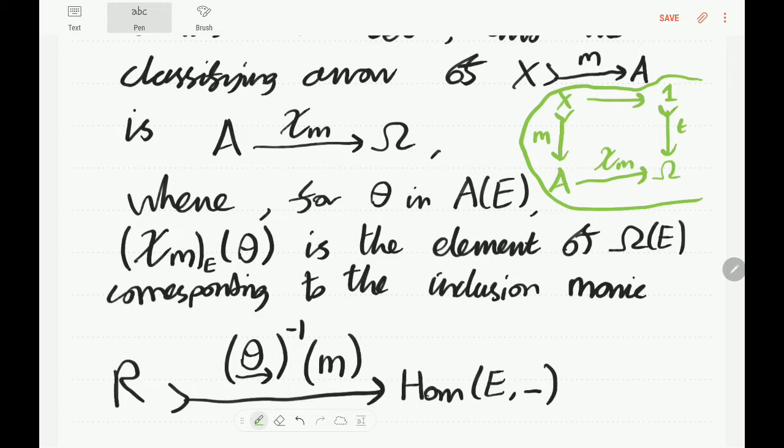Anyway, what does this mean? This is confusing, right? Well, firstly, remember about omega of E. Omega of E is the set of E-type elements of omega.